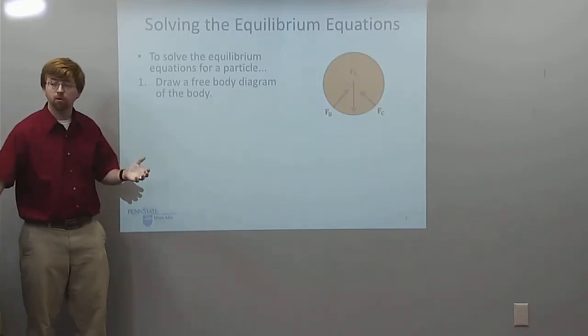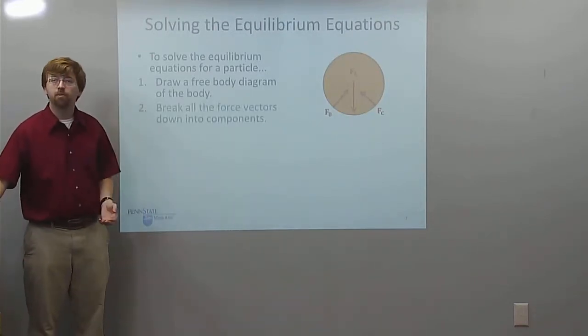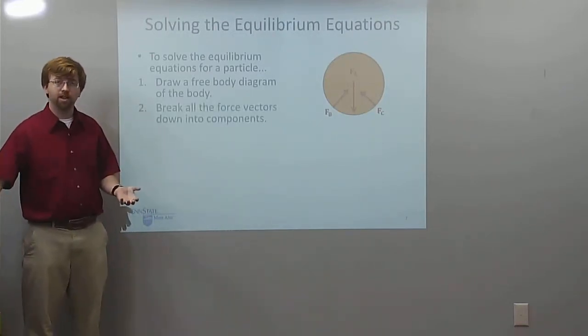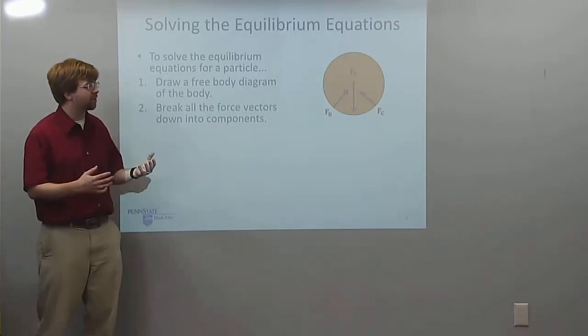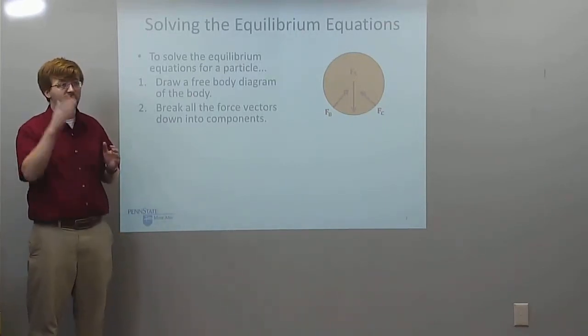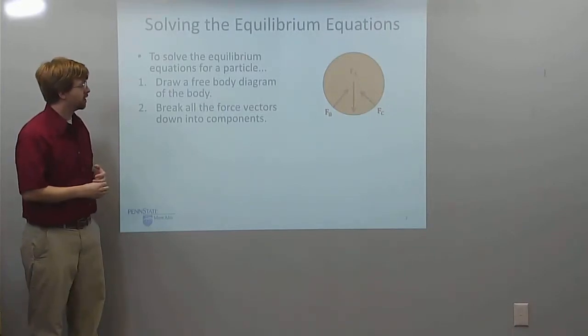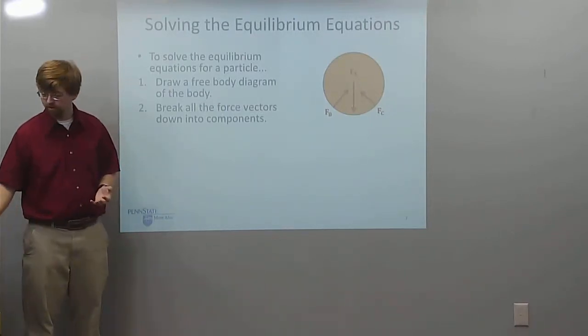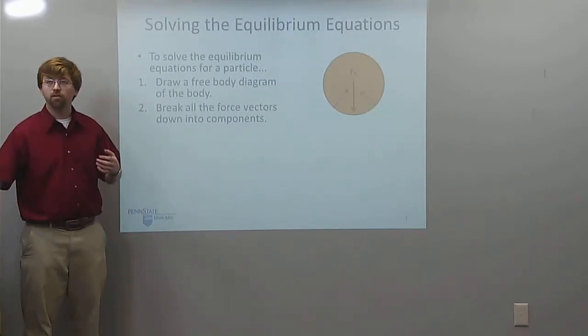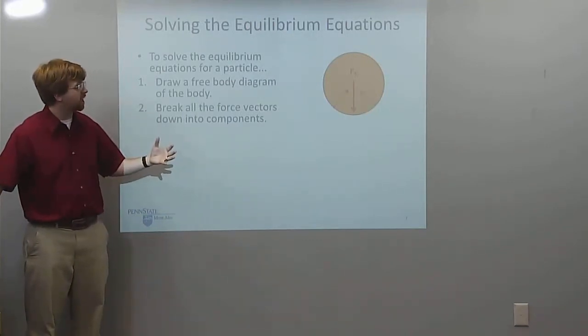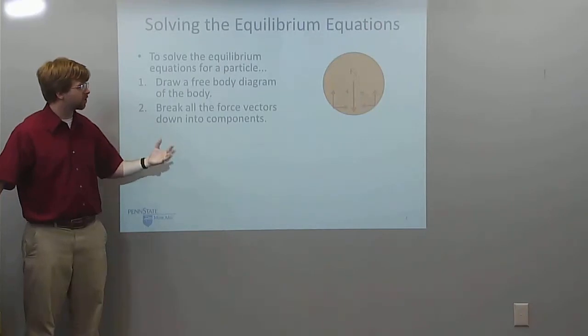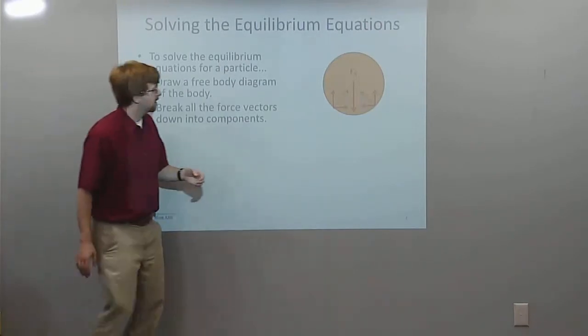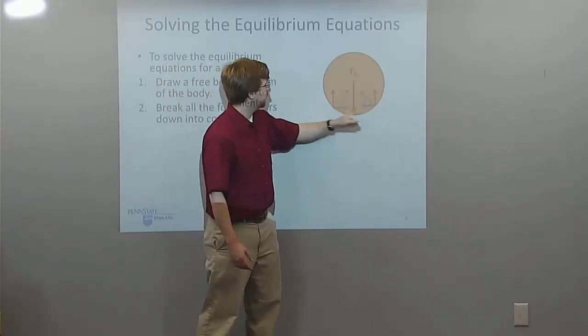So now that we've got these forces, we've got our free body diagram. Next, we're going to break the vectors down into components. So FA is already kind of in the Y component, it's just a vertical force, but FB and FC have horizontal and vertical components. And so we're going to take away those vectors and replace them with the vertical and horizontal components. So if we've got some angles, we have the original magnitude FB and FC.